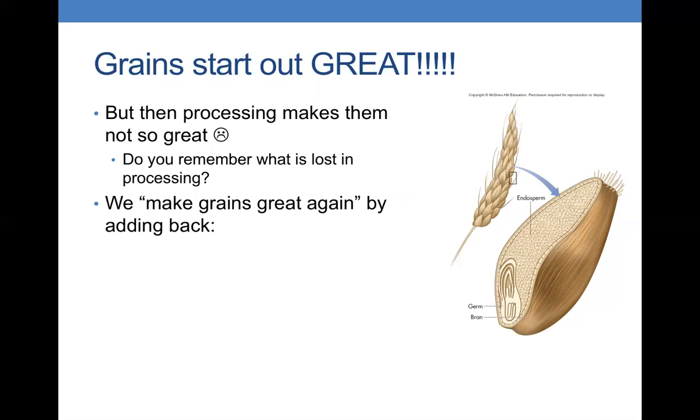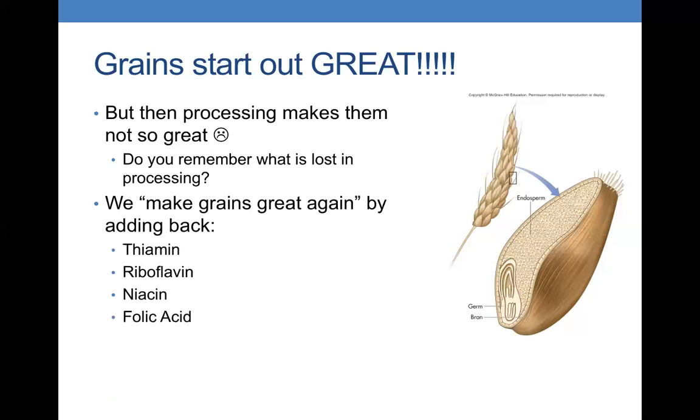So when we process grains, we remove the germ, the bran, and the husk. And the only thing that is left is the starchy part. We lose vitamins, minerals, and fiber when we process grains. And so what do we do to try to fix this?